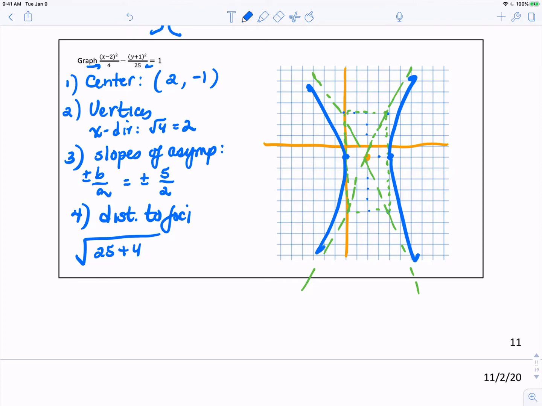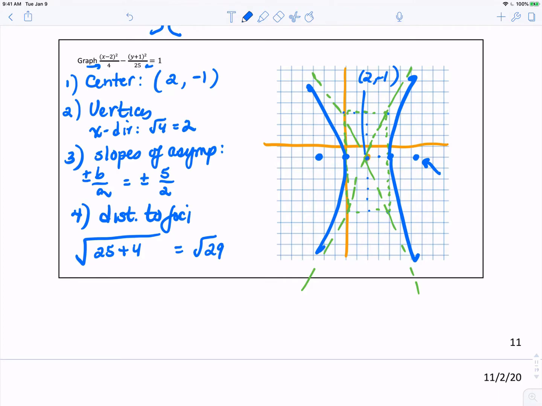All right, let's give that a check. So the distance to the foci is the square root of 29. The square root of 29 is somewhere between 4 and 5. So from the center, 1, 2, 3, 4, and a little bit more. Now remember the center has the coordinates (2, -1). So this focus right here has a different x coordinate.